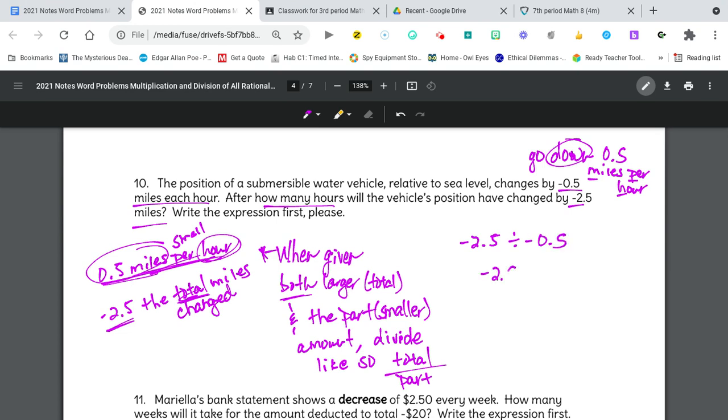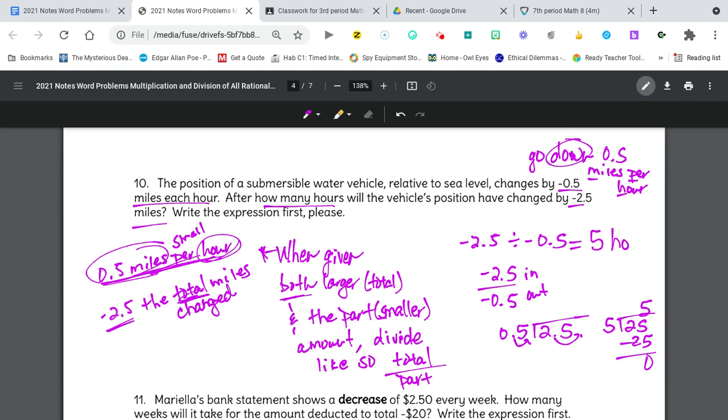Or you can write it like this. And I'm going to do top in, bottom out. I can't divide by a decimal, so I slide this over once, and I slide that over once. So basically, I'm looking at 5 into 25, which is just 5.